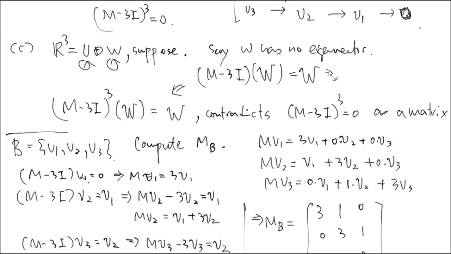So I can apply one more, M minus 3I squared, to the same W, which is M minus 3I applied to W. Is that right? I applied one more M minus 3I to this equation. But this M minus 3I is again W back. Right?